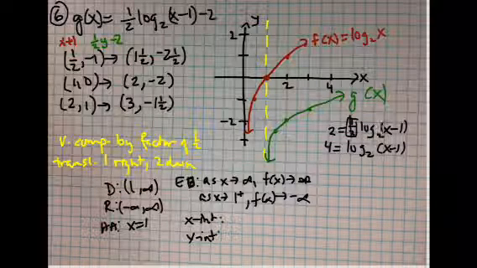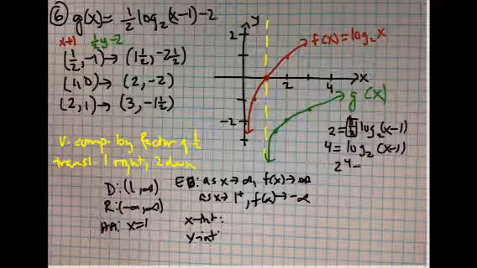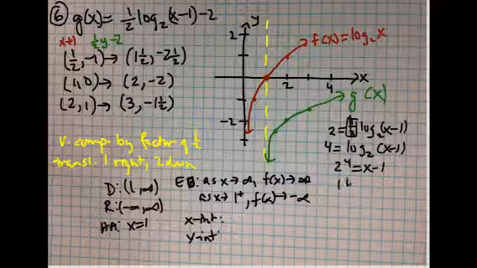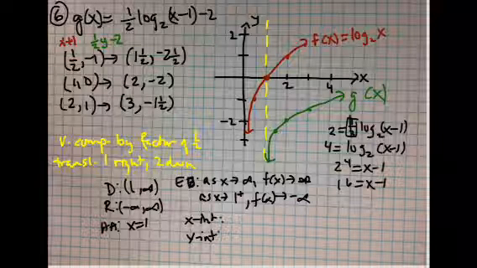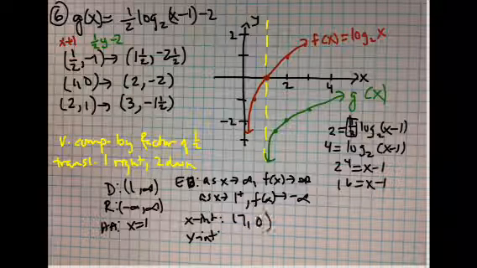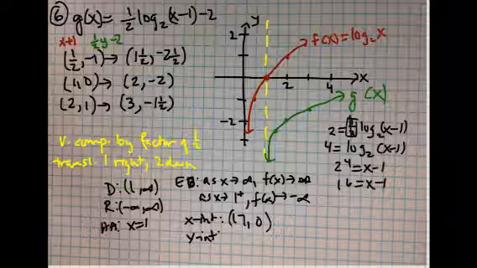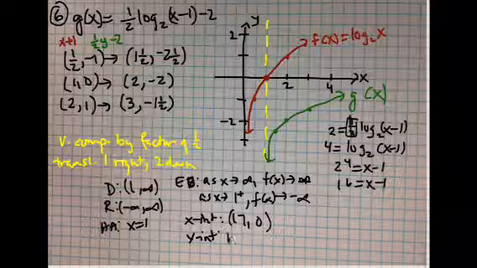That's parentheses. So this is 2 to the 4th equals x minus 1, so that's 16 equals x minus 1. You add a 1, so the x-intercept is 17. For the y-intercept, again it has none.